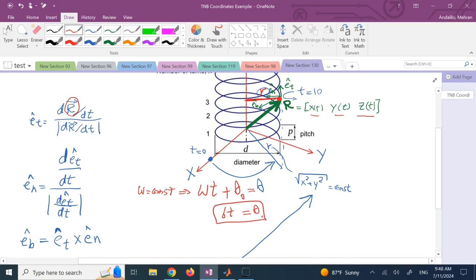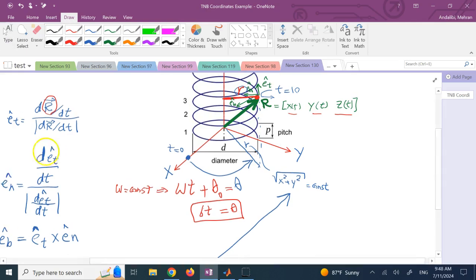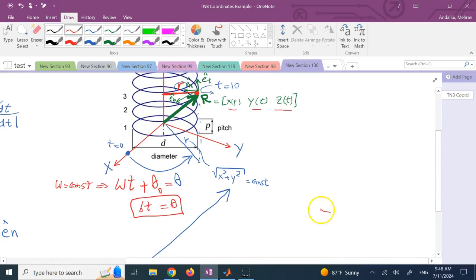Now, if that's the case, how do we find the x, y, and z? Well, if you look at this helix from the top, and this is your x-axis and y-axis, of course you have to spin it.